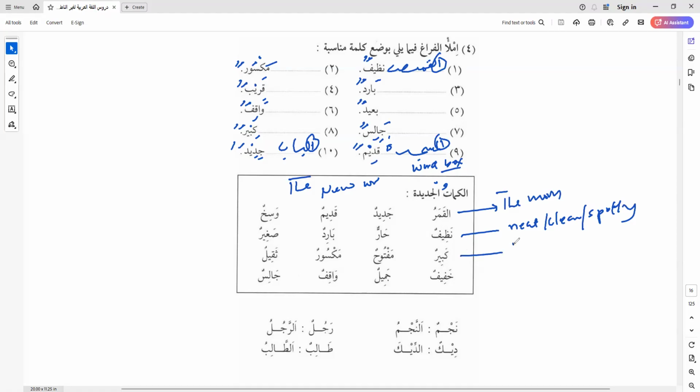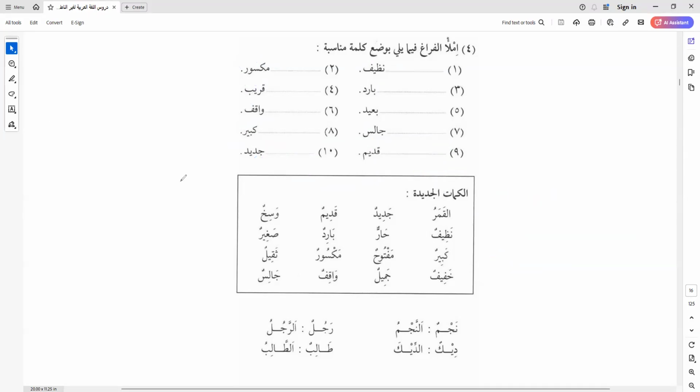And then we can have kabirun, big. We can have khafifun, remember, light in weight. All right. And then we can have jadidun, new. And then we can have harun, hot.